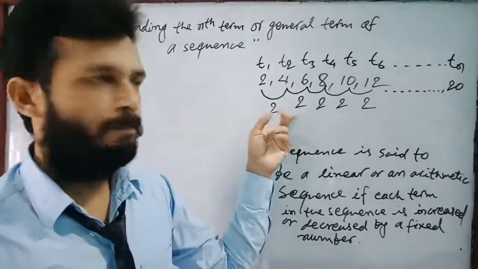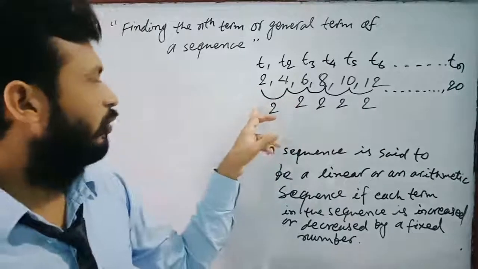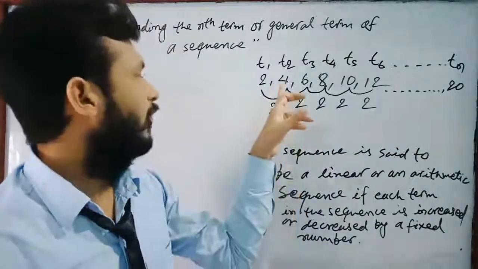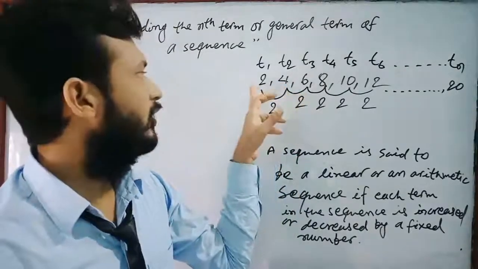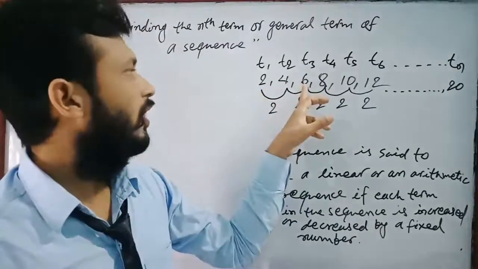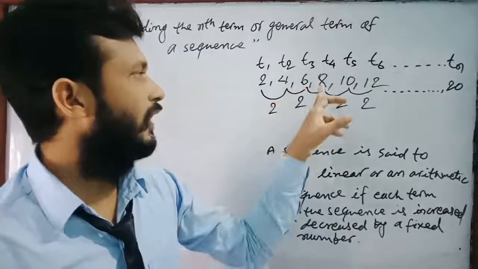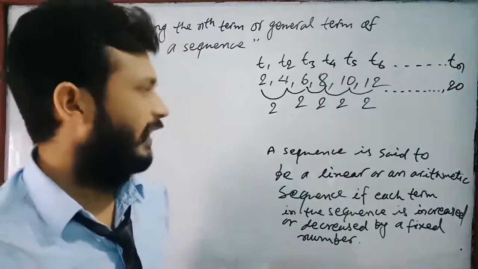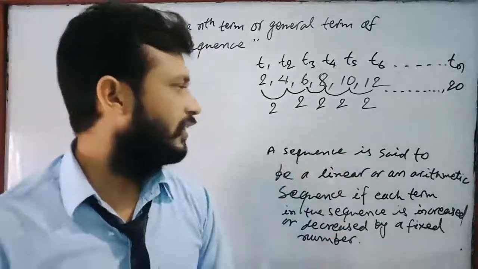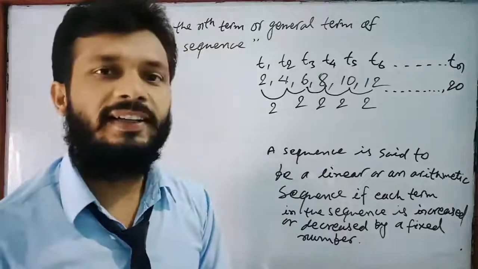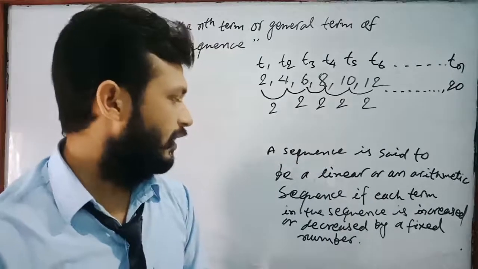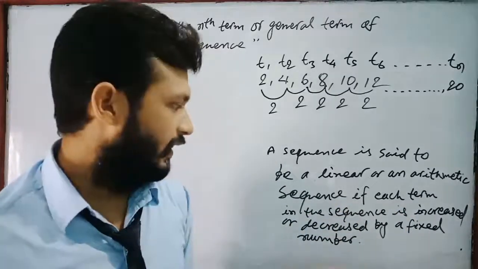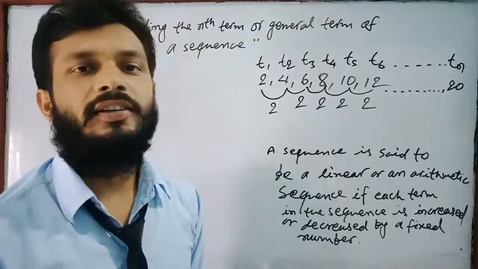In this sequence, each term is increased. 4 is increased by 2. 6 is also increased by 2. 8 is also increased by 2. Are you clear? So a sequence is said to be a linear or an arithmetic sequence if each term in the sequence is increased or decreased by a fixed number.